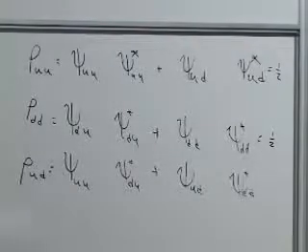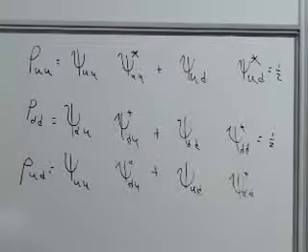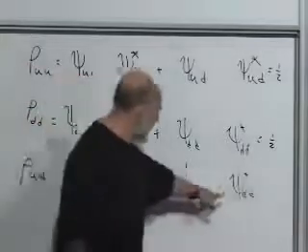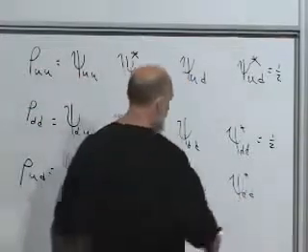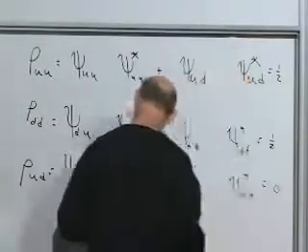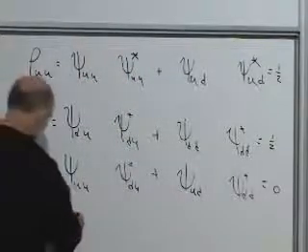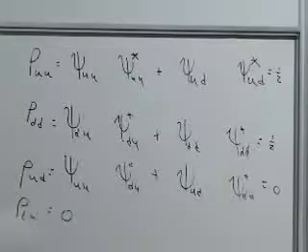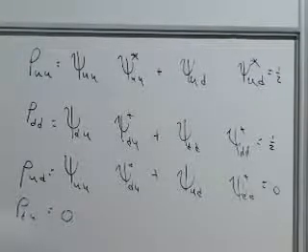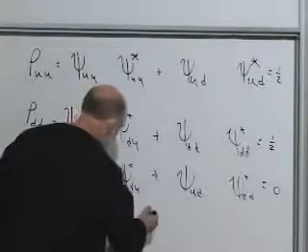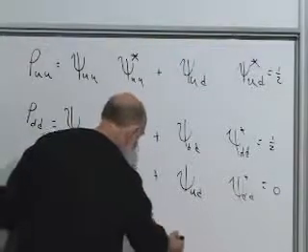Okay, what's that? 0. Psi up, up is 0, and psi down, down is equal to 0. So that's 0. And of course, the other one is also 0. Rho down, up is also equal to 0. So in this case, the density matrix is just equal to rho is equal to a half, a half.